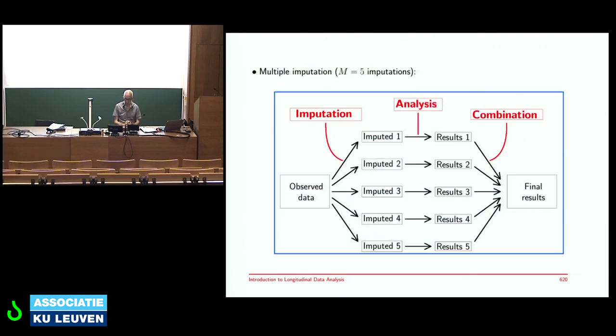So to summarize, in this graph we have the incomplete observed data. For example, if m is equal to 5, we impute that data set 5 times.